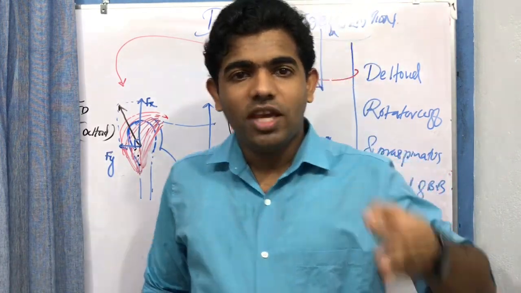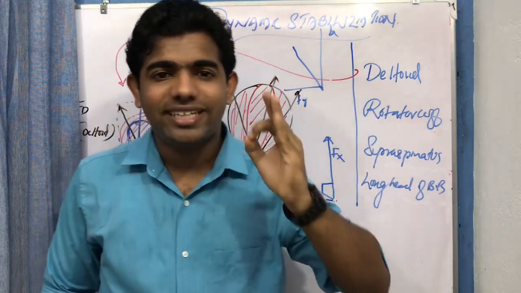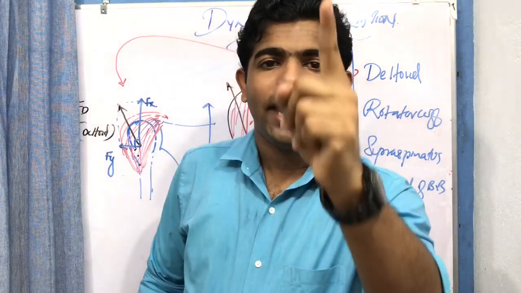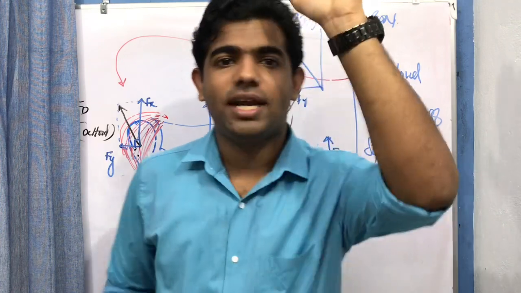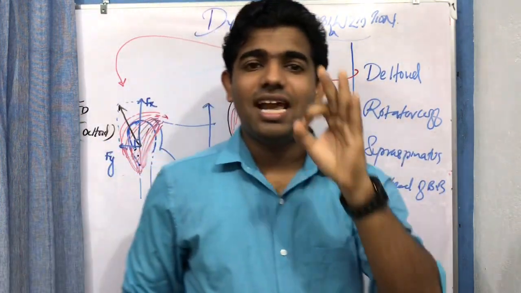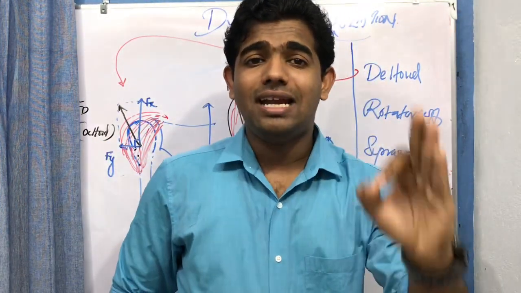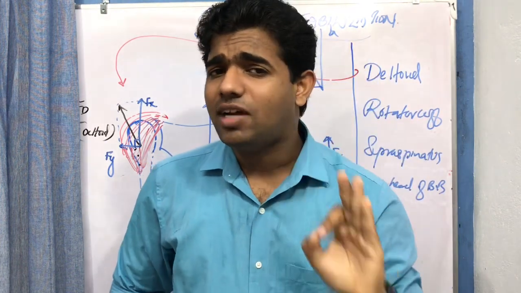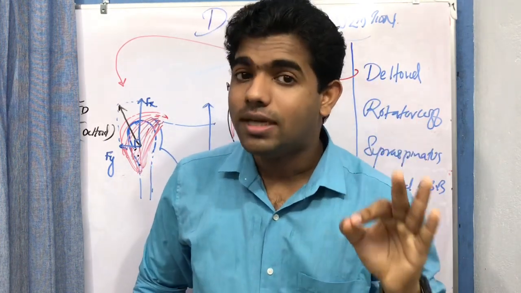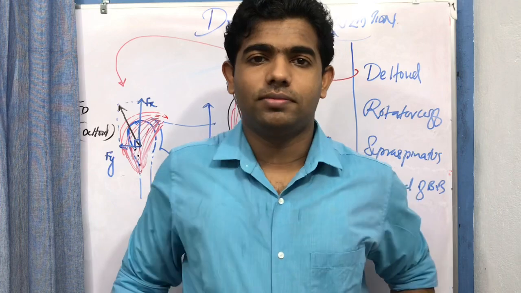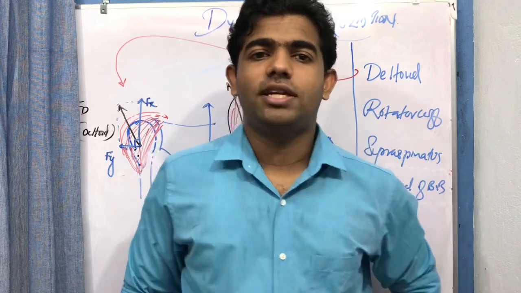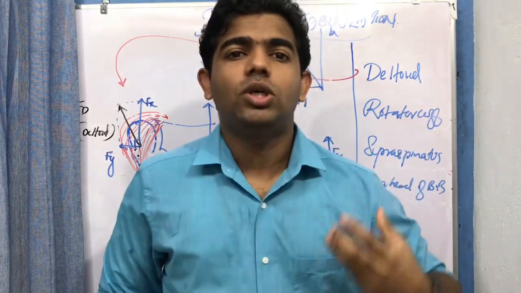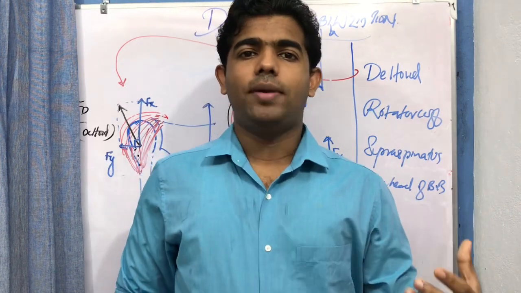That means if the deltoid is going to act alone, it will not be capable of producing the abduction, but instead it will produce an unnecessary and unwanted force or movement, that is a superior translation. We don't want that superior translation to happen. We want the deltoid to work to produce the abduction.